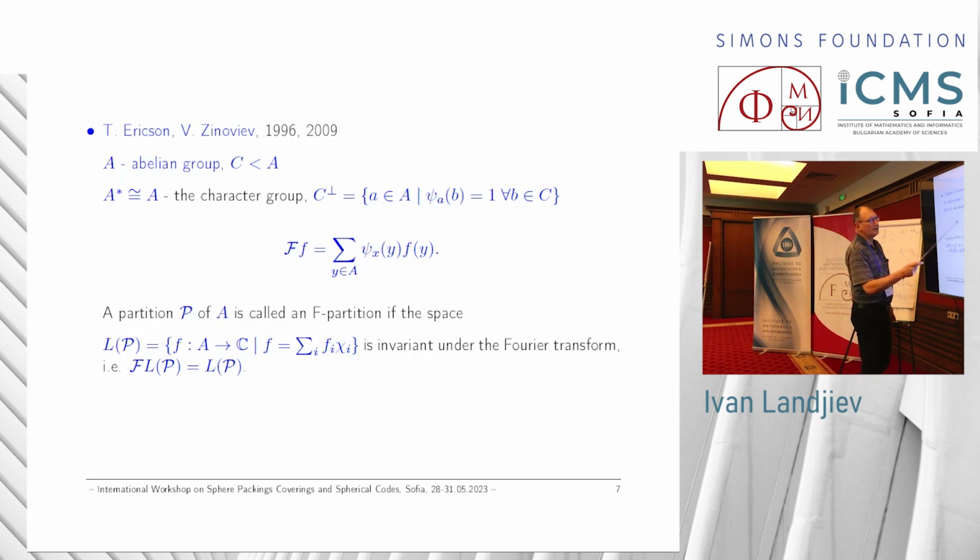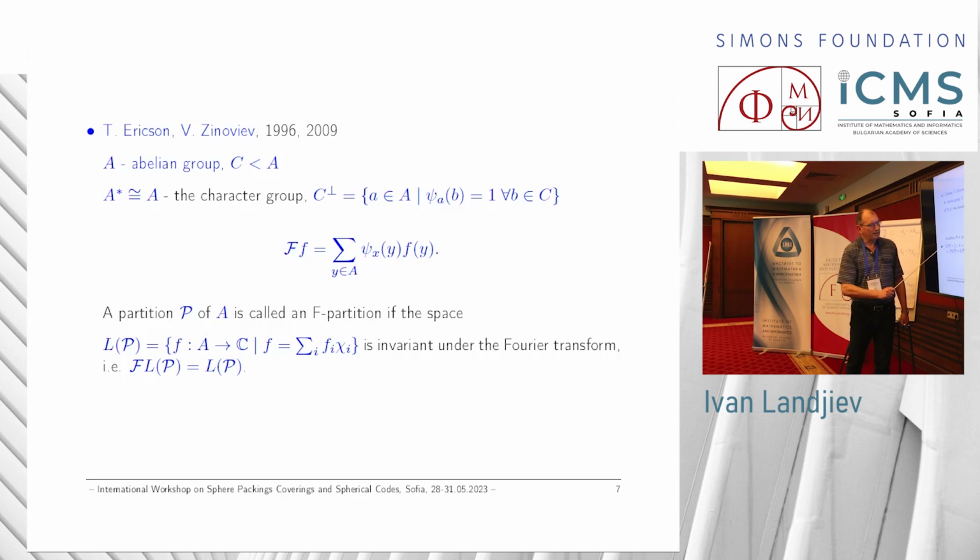Thomas Ericson and Zinoviev consider the so-called Fourier transform, in this form, and so-called F-partitions, or Fourier invariant partitions. This is the space of all the maps from the group A to the complex numbers which are linear combinations of the characteristic functions of the parts of the partition.